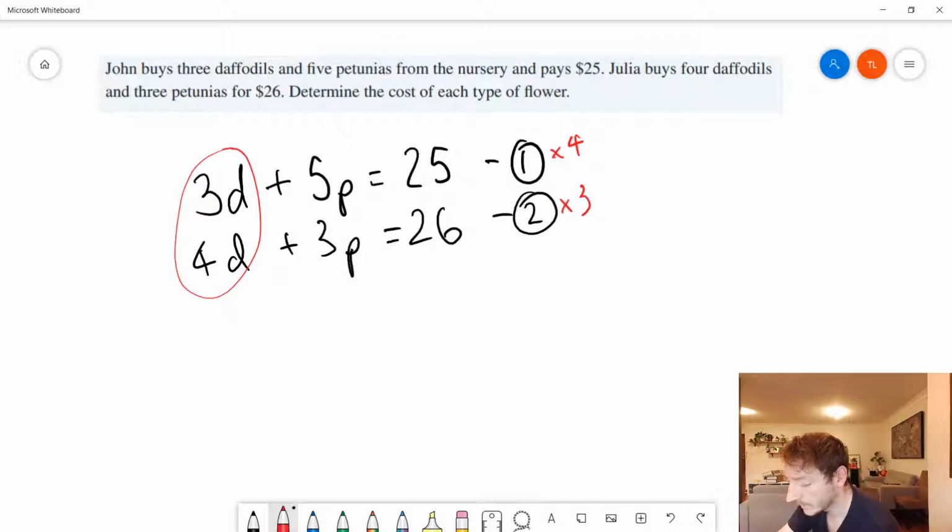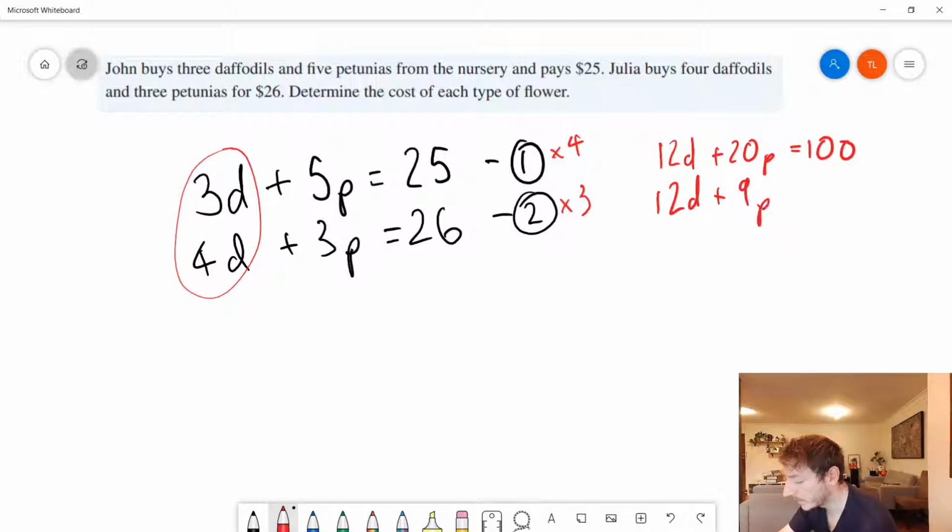Equation 1 times 4, I'm going to write my working out over here. I get 12d plus 20p equals 100. And timesing this one by 3, 12d plus 9p equals 78. Now, because I've made them have the same coefficient, 12d, 12d, I can get them to cancel each other out.